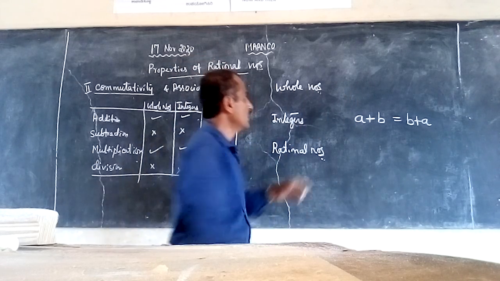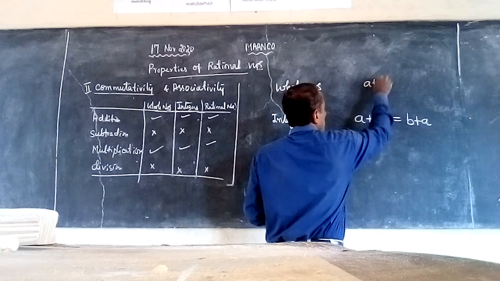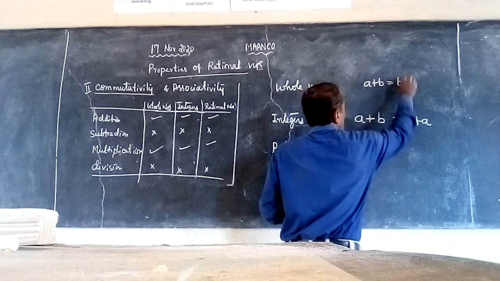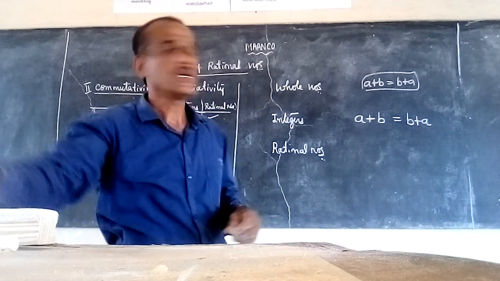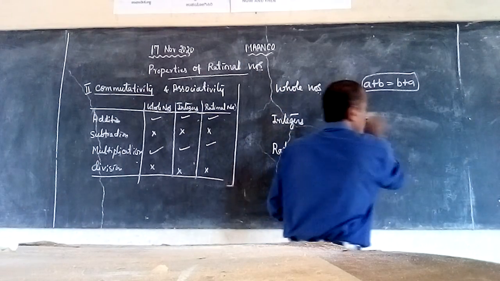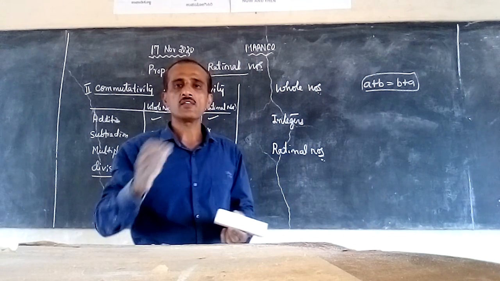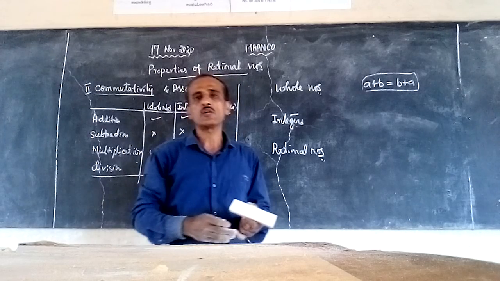Let us see whether, for addition, a plus b is equal to b plus a is true or not. Let us check it for whole numbers. What are whole numbers? The set of numbers which starts from 0, 1, 2, 3, 4 like that.